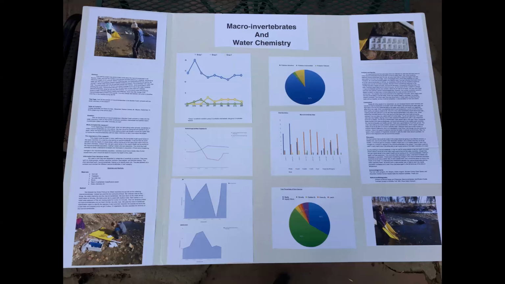So I'm going to go through just a few examples of some of the projects that we had this past year at our Southwest region in Denver. So this is one that was really looking at microinvertebrates, and they were looking at some water chemistry.